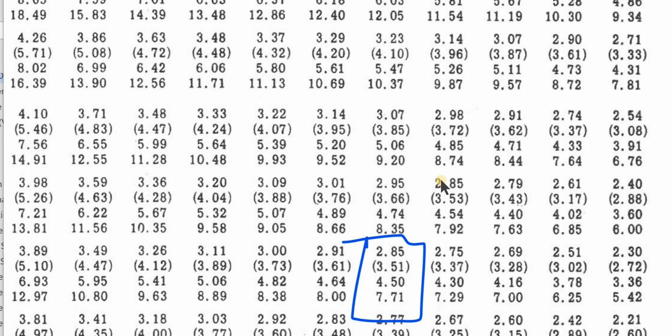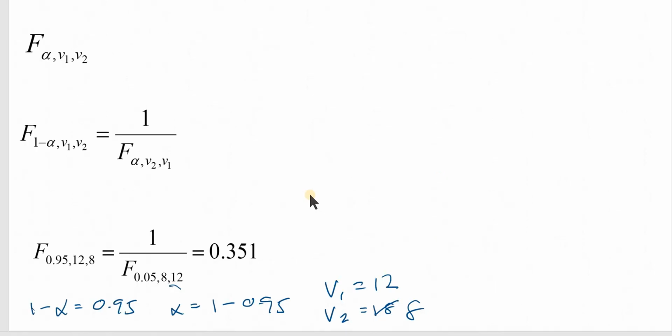We take the first value, which is for alpha 0.05, that is 2.85. So the value here is 1 over 2.85. So we obtain the inverse of the F value for 0.05, 8 and 12.